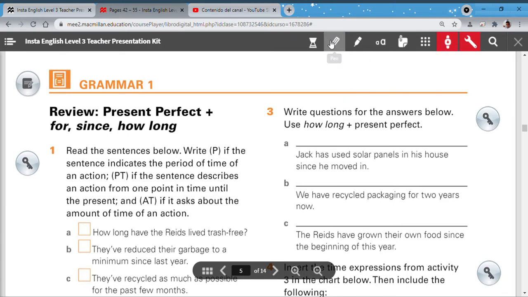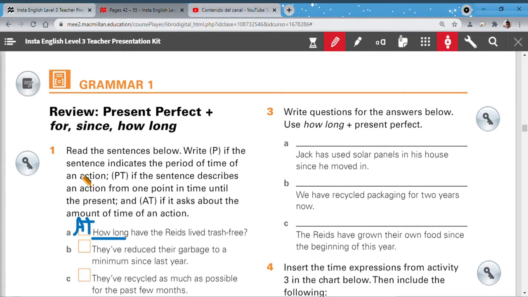So here is AT. I repeat, how do you identify AT? Because of how long. Okay, now let's continue with letter B.